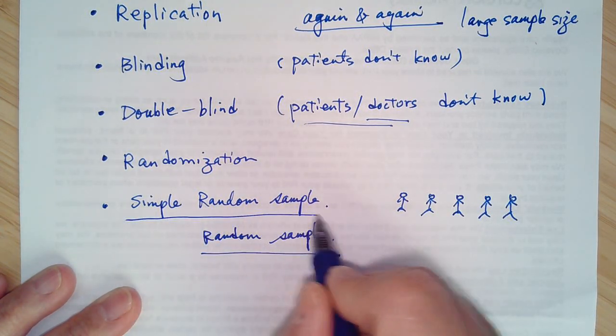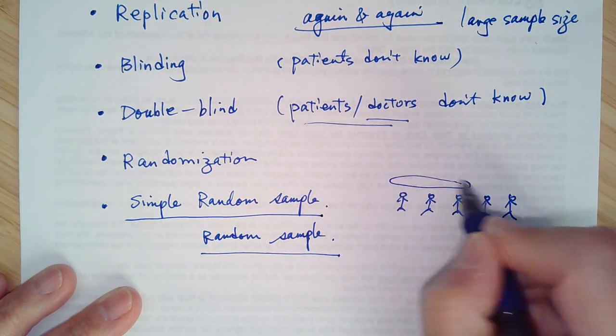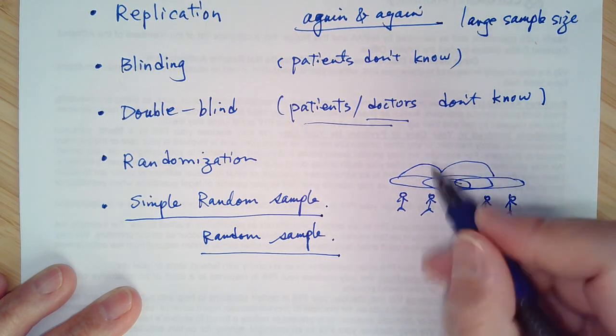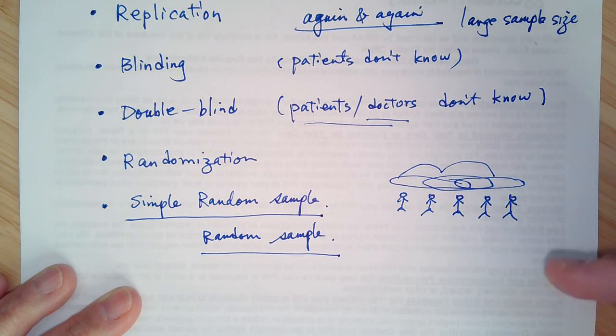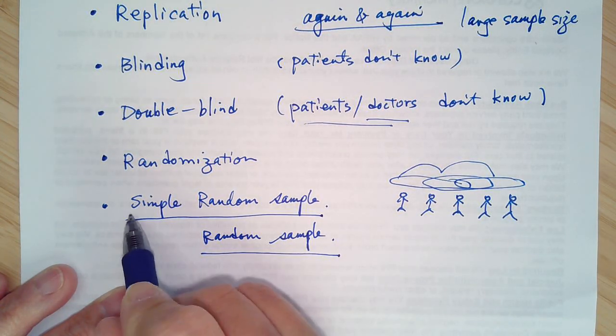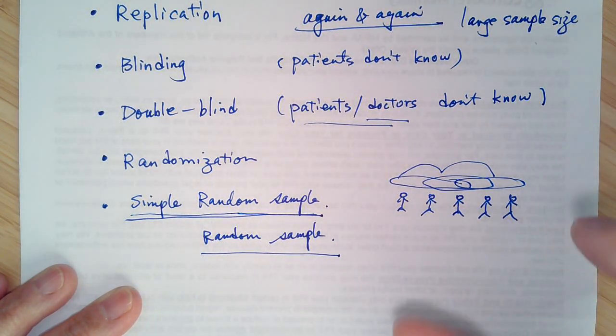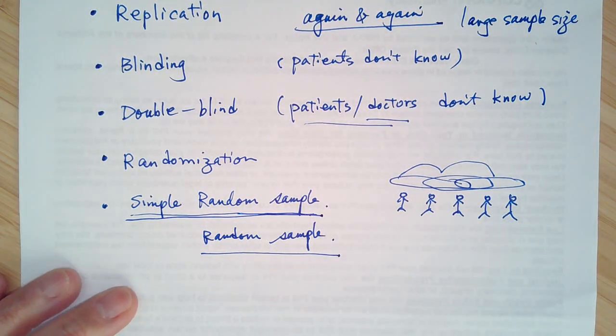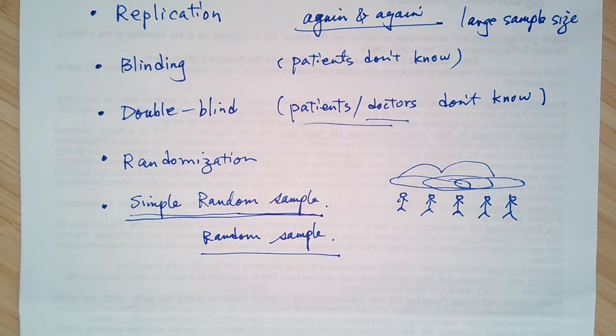But a simple random sample means every possible group of 3 has the same chance. Later we're going to learn how many possible groups of 3 there are from these 5 people. For every single group, each group has the same chance to be chosen. Then that is called a simple random sample. So that's a little difference, but this book is not very picky, so they can use either one. I'm not very picky about that either, so whatever you tell me will be okay.